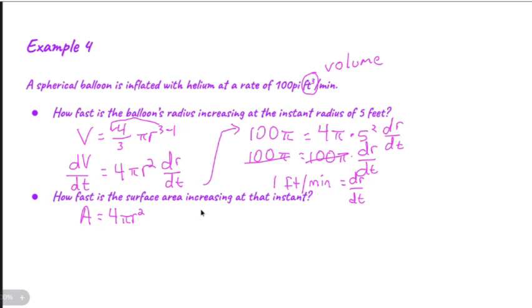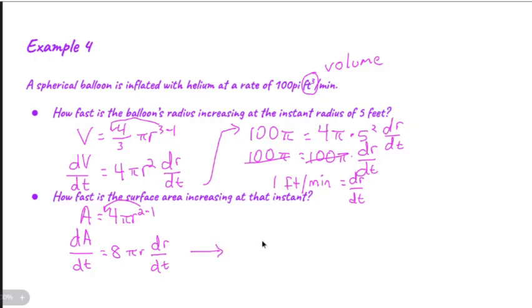So how fast is the surface area increasing? Let's differentiate. dA/dt is equal to, using our power rule, 8 pi r dr/dt. Now we're referencing back to our 1 foot per minute and our radius of 5 feet.